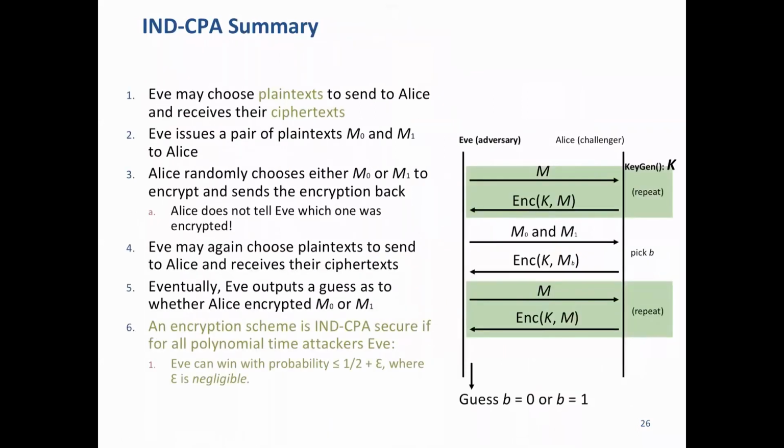All right. To summarize, an encryption scheme is IND-CPA secure if all polynomial time attackers like Eve can win with probability less than 1/2 plus epsilon, where epsilon is negligible.